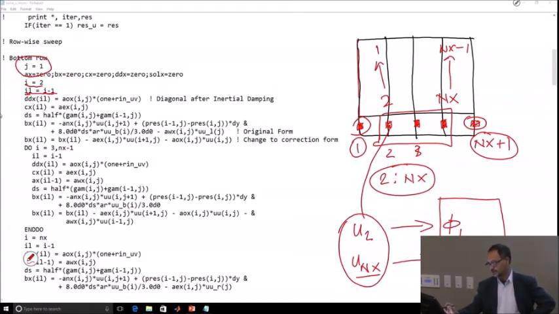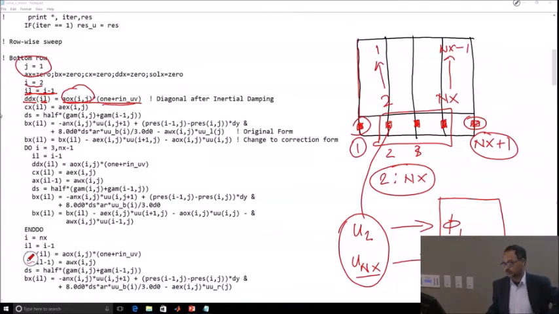There's a transformation of index, and then I'm saying, okay, my diagonal with that index, so D1, for example, would be that. Now notice that what I'm doing here is I'm taking the diagonal that I've already calculated, I'm multiplying it by 1 plus omega, or 1 plus alpha, which is your inertial damping factor.